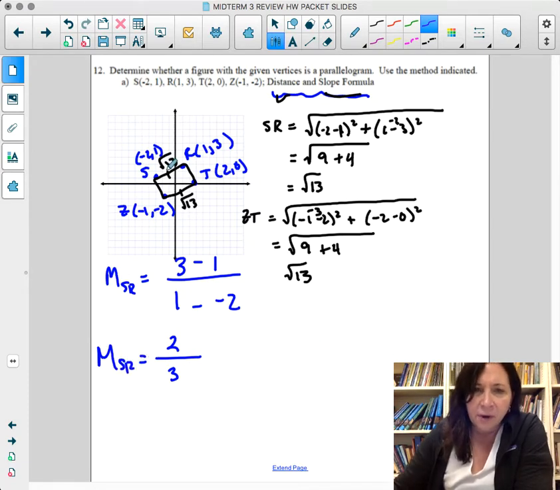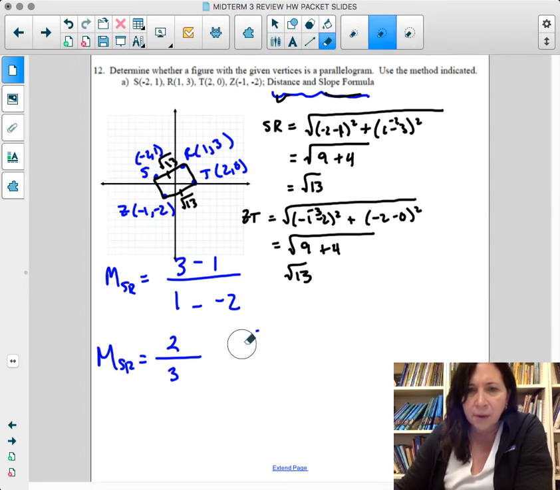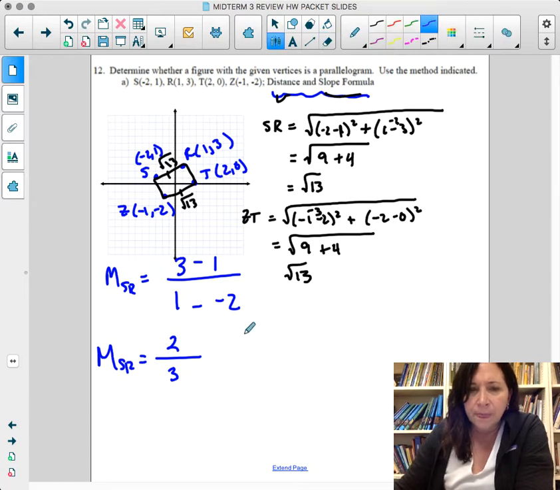So now I need to find the slope of ZT. Subtract my y's, so that's 0 minus negative 2 over 2 minus negative 1.